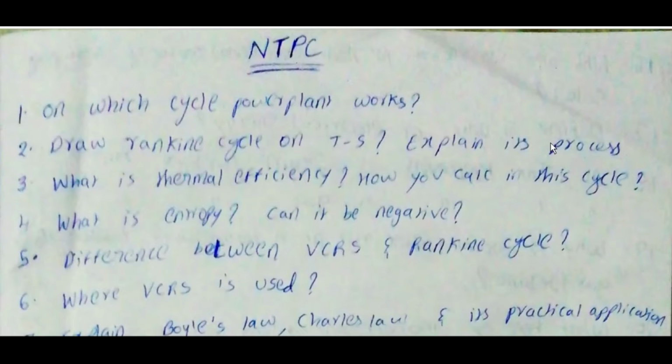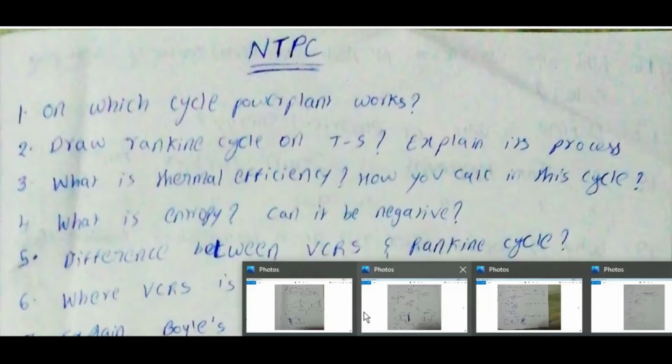Brayton cycle and combined cycle are also used. Draw the Rankine cycle on a TS diagram and explain its process. In the boiler, 1 to 2 is the turbine, where work is produced.